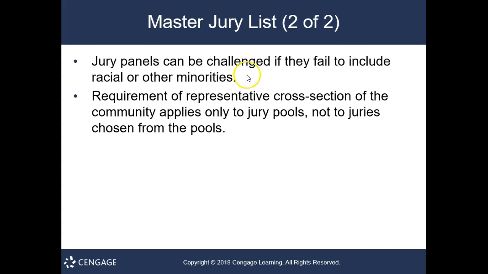But it was a good example of how you can challenge a panel for not being a representative sample or for excluding a cognizable group because of the way it was chosen. There's a requirement of a representative cross-section of the community that applies to jury pools, not to juries chosen from the pools. So again, you may have the proper representative numbers of racial minorities, but you may not have that on the actual jury that is chosen, depending upon how things go.